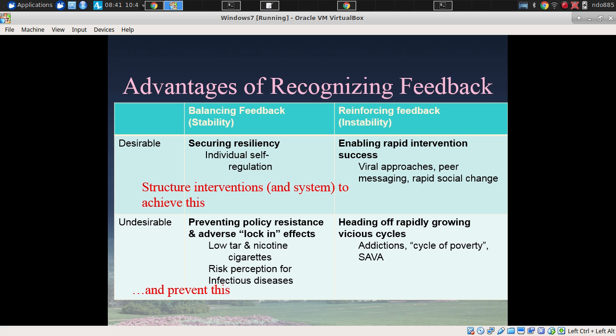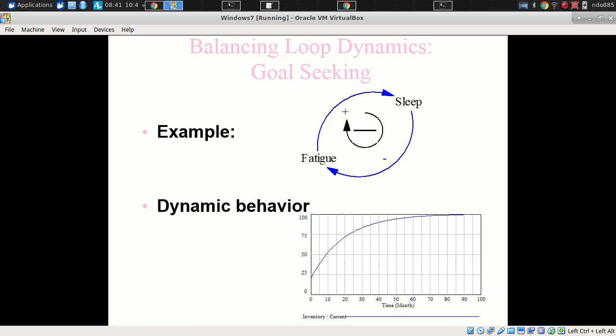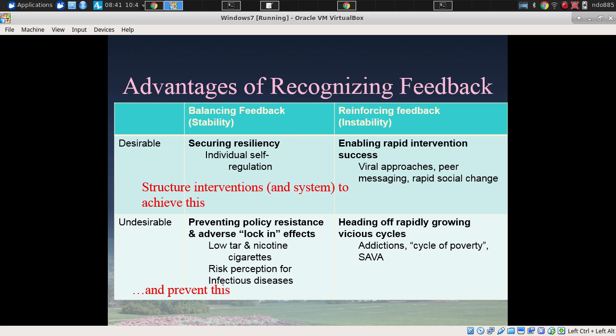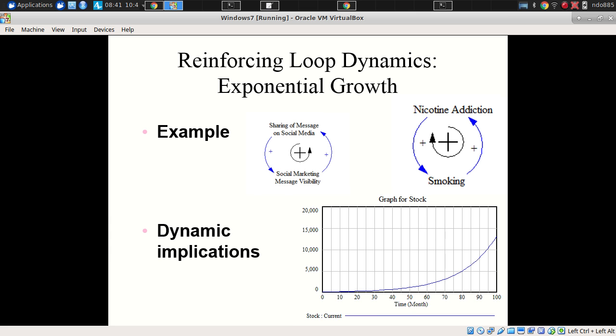So, if we think about feedback, ladies and gentlemen, we can have balancing feedbacks and reinforcing feedbacks. Balancing feedbacks lead to stability, and reinforcing feedbacks lead to rapid change. Think about a message going viral, social media messaging going viral from the Legacy Initiative.